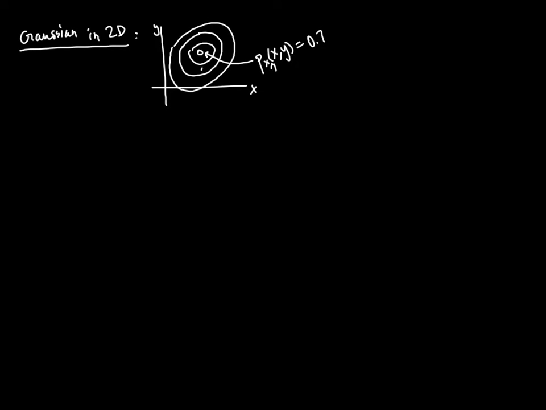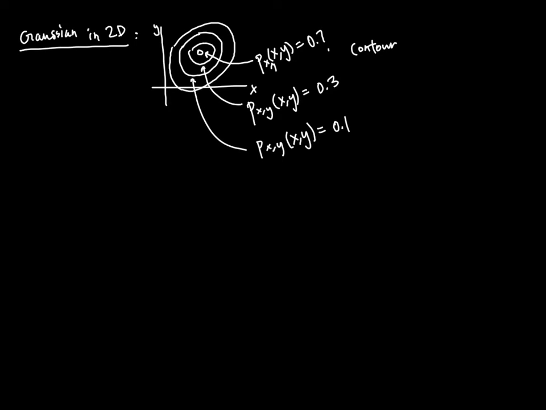And here, everything along that line, the probability of x and y is going to be equal to, say, 0.3, right? And then here x and y will be, say, 0.1, right? So these are just contour lines. These are called contour lines, or isocontours, of the 2D Gaussian.